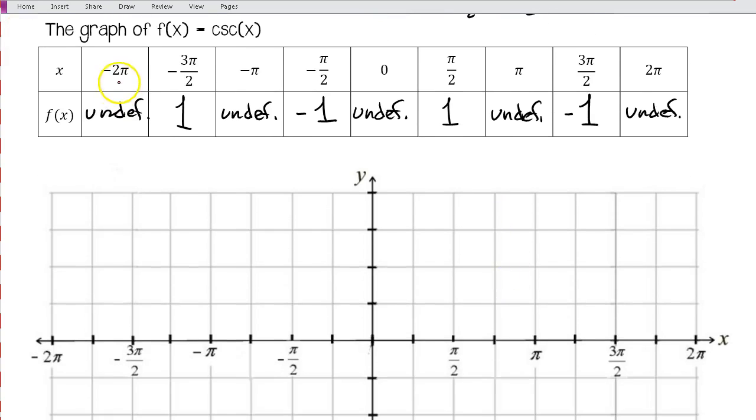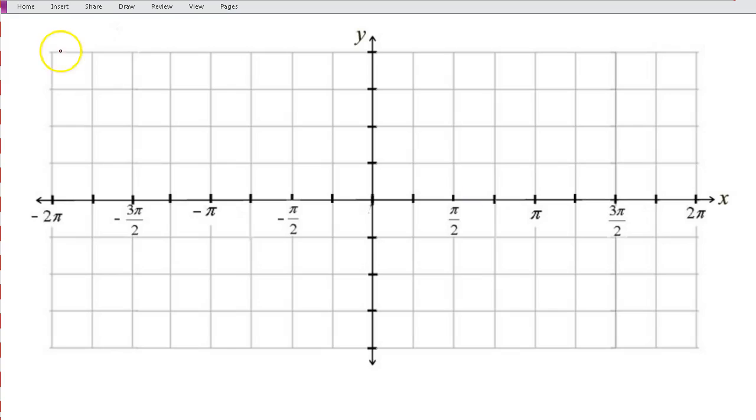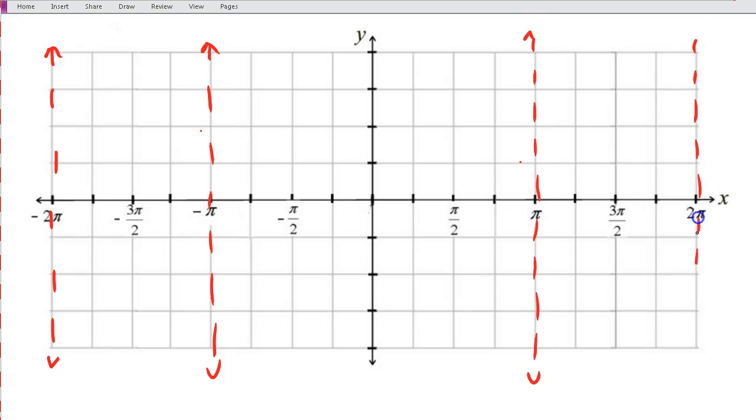So now we see our asymptotes are at all the multiples of pi. I have an asymptote here at negative 2 pi, negative pi. There's one at the y-axis, so we don't really need to draw that in. And another one at positive pi, and another one at 2 pi.